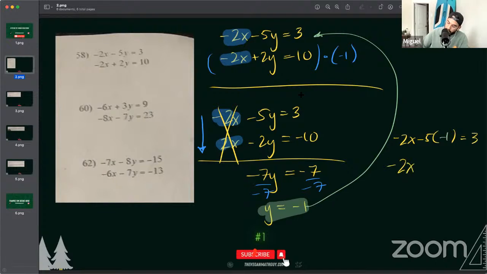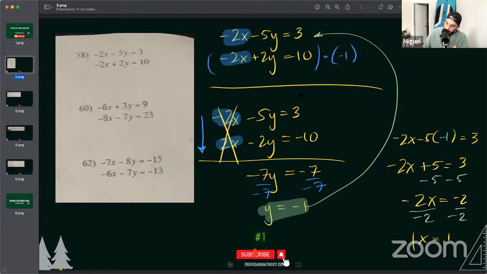Let's simplify. -2x, we have 2 negatives there, so that's going to become a +5, so plus 5 is equal to 3. And now let's solve for x. I'm going to subtract both sides by 5. And we get -2x is equal to -2. Divide both sides by -2. And x is equal to 1.